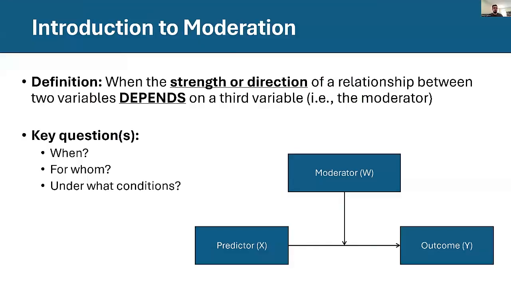Okay, so like I said, we'll start with moderation. So what is a moderator? What is moderation? It's a variable that affects the strength or the direction of a relationship between a predictor and an outcome.